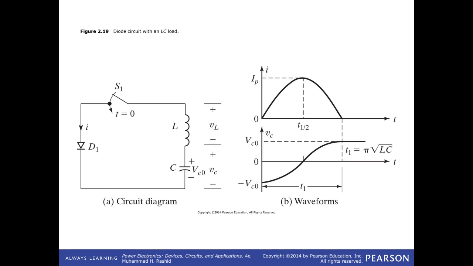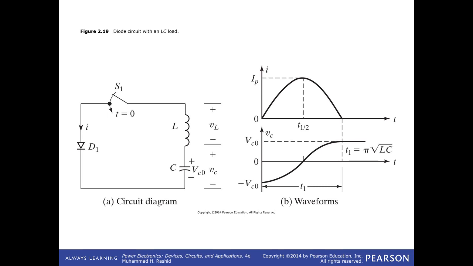This is also another example. If your capacitor is fully charged, then what's going to happen when you put this switch on? Of course, you have a negative diode. Then the capacitor voltage is starting from, let's say, negative or positive, it doesn't matter.